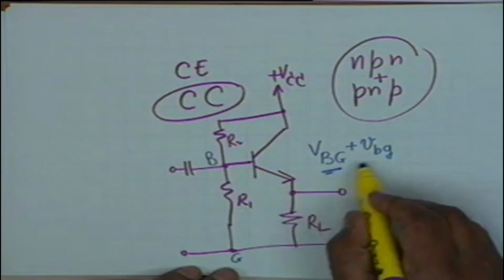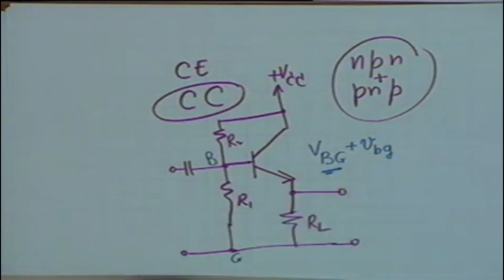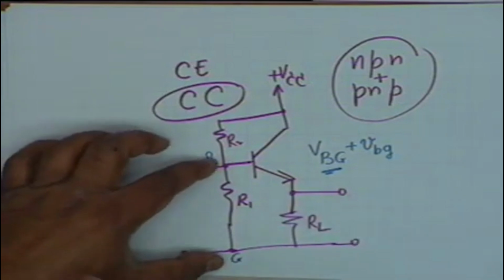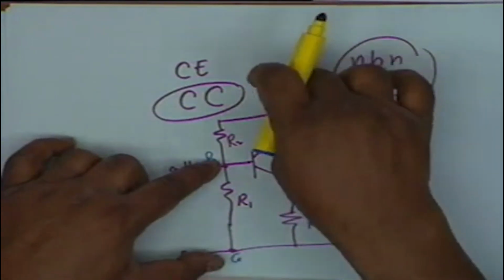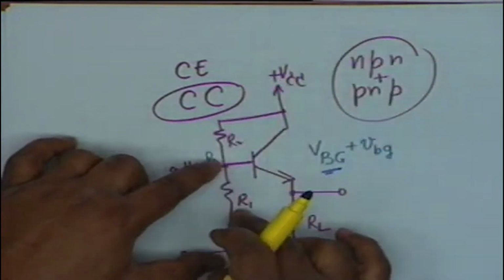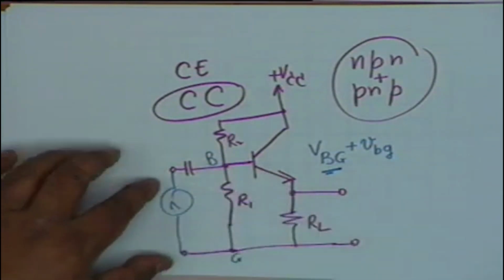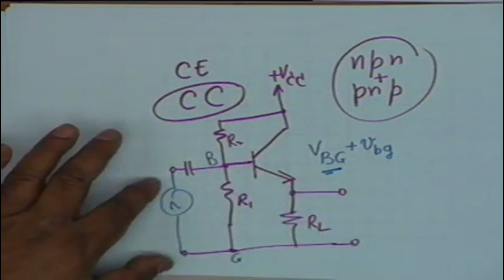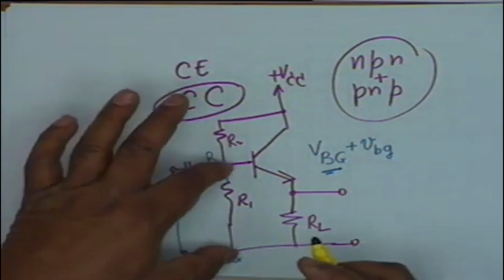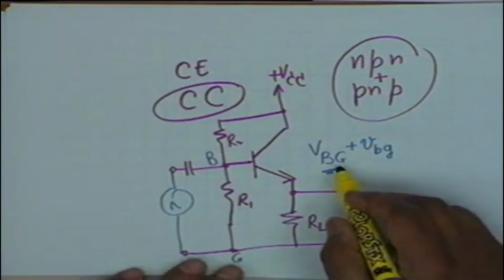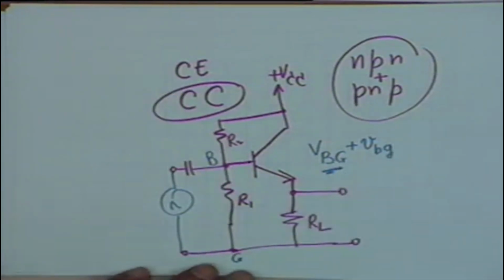This is the DC part and this is the AC part. Alright. This voltage has two components. One is prescribed by VCC, R1 and R2, and the other is the voltage that comes from the input signal. Alright. It is important that you understand what I am writing. The total voltage here is the sum of an AC part and a DC part.